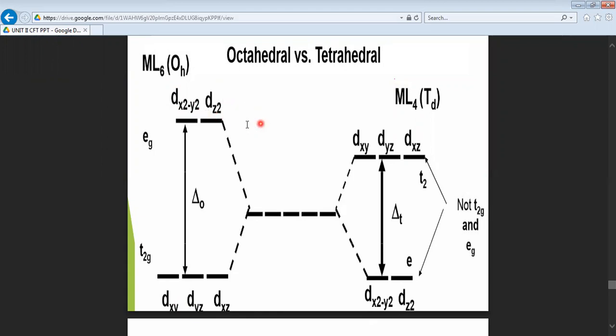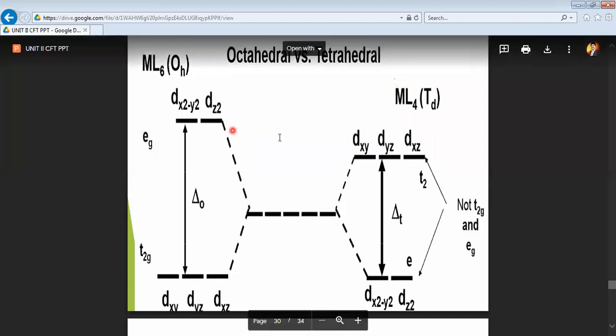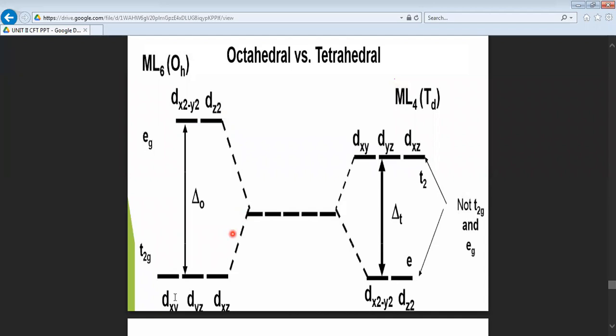That's why they jump to a higher energy state. The remaining orbitals experience attraction between ligands and the orbitals, so they settle down to lower energy and are more stable.